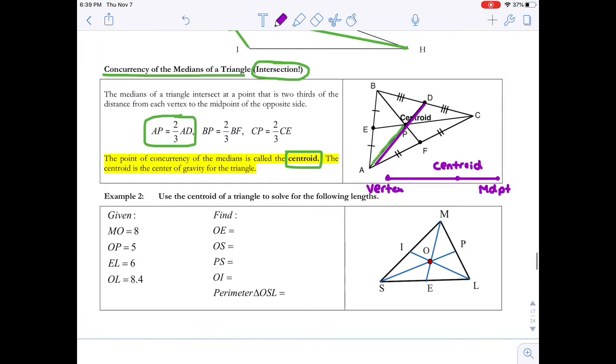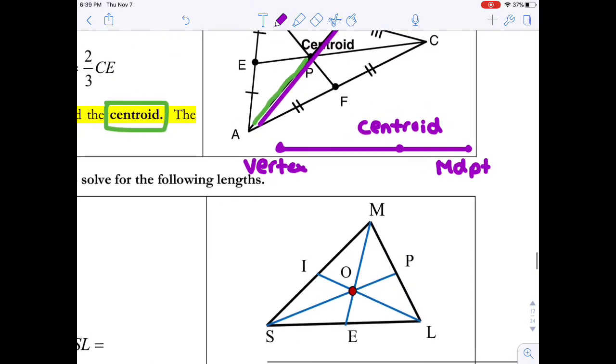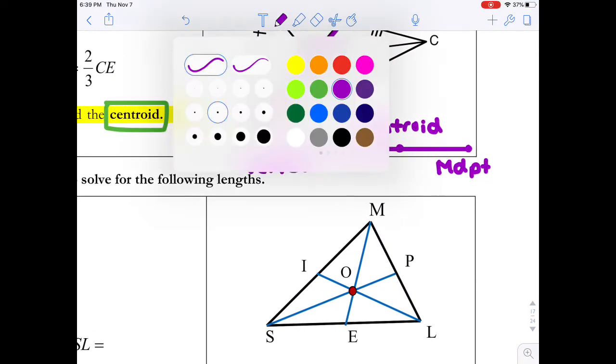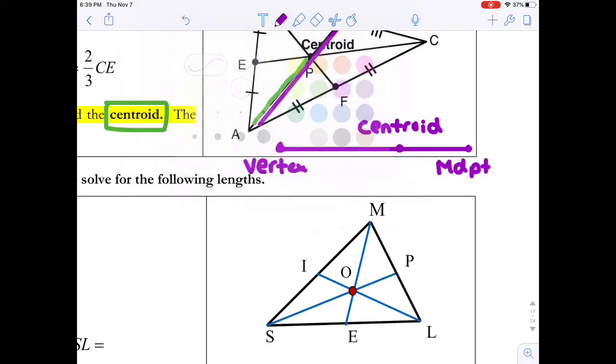What we know to be true about this, okay, is if we imagine this entire line right here being three parts, let's call it 3x. From the vertex to the centroid would be 2x, and from the centroid to the midpoint would be x. Okay. So let's try using that knowledge for the problem below.